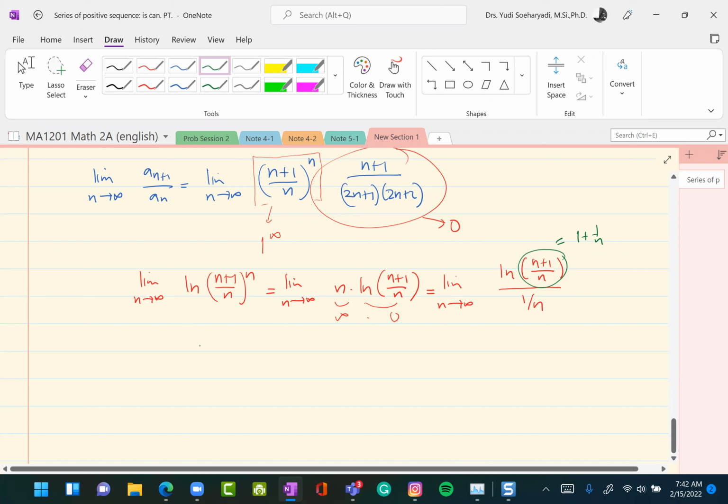On the top, you have minus 1 over n squared over 1 over this. And well, you have this limit here.